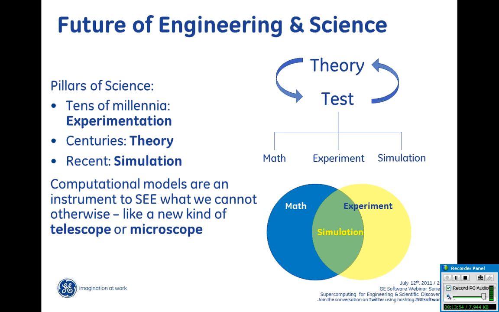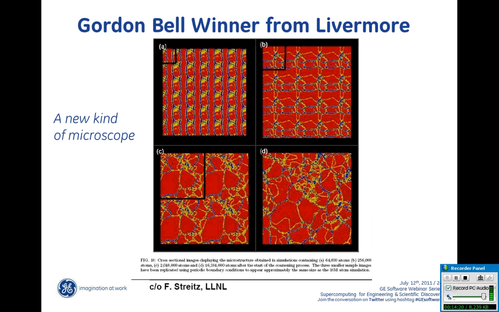And in fact, today it's really the best way to validate that everything is working according to nature. Theory really evolved with the Greeks in areas like geometry, or Newton with gravity, and being more of conceptual exercises. More recently, we've been able to employ simulation, where we think about applying computational models as an instrument to see what we cannot otherwise see.